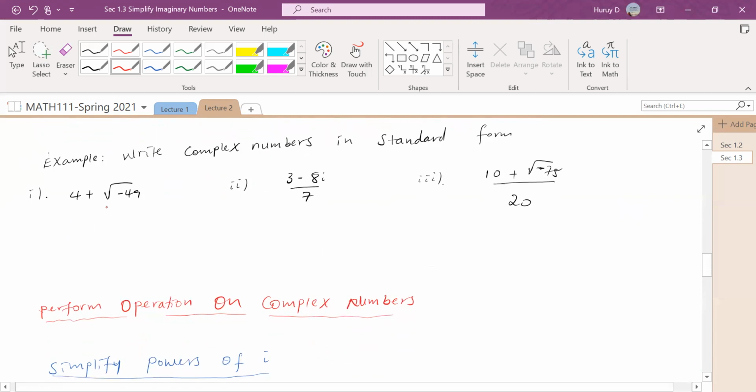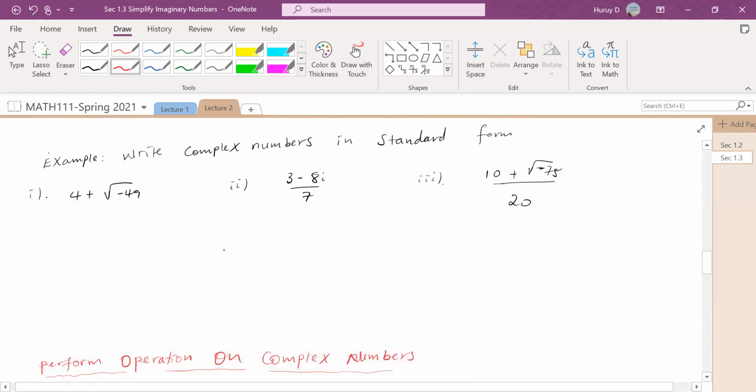Okay, for example, we have this one, and we are asked to write it in its standard form. So the first thing that we need to do is write this in terms of i, and then we rewrite it so that it will have the standard form. So here I have 4. Now, how do we write this in terms of i? Well, this is i times square root of 49, and 4 plus i times 7.